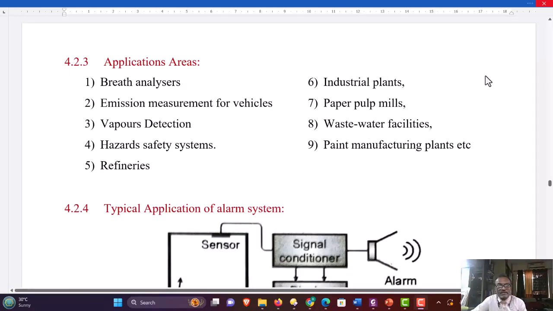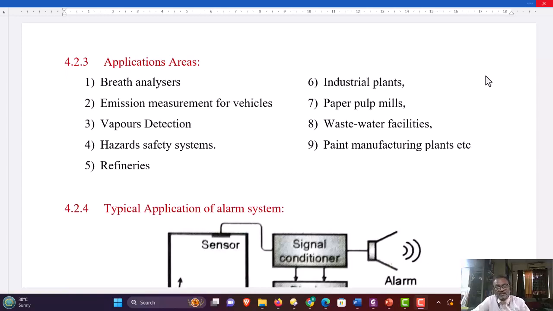The application areas of various gas sensors: for example, they can be used in breath analysis, emission measurement in vehicles. They can be used for vapor detection of various materials and gases. They are used in hazardous safety systems.